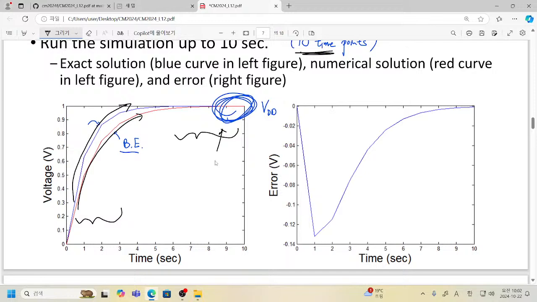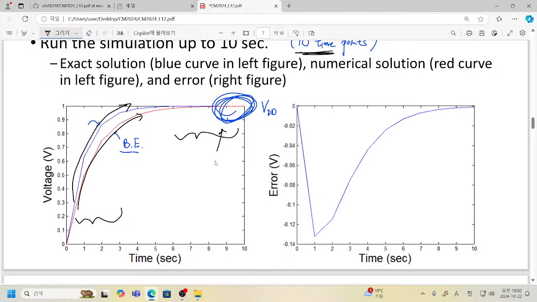So if you are building a realistic, practical code competitive with the commercial ones, then your code should have some capability to adjust delta t values dynamically. Actually, that algorithm is known to us.